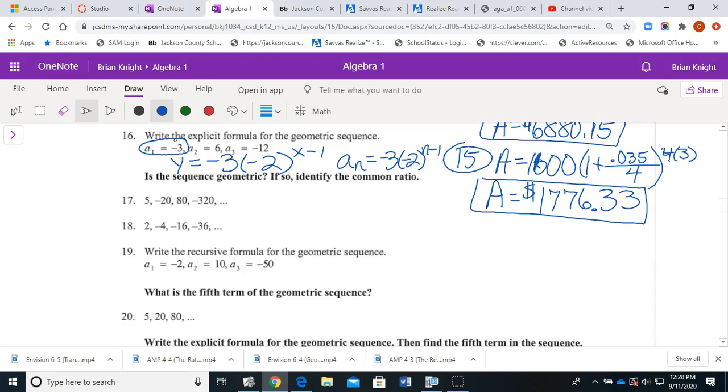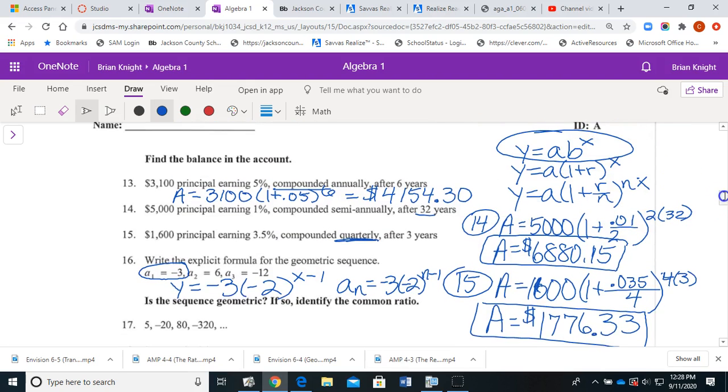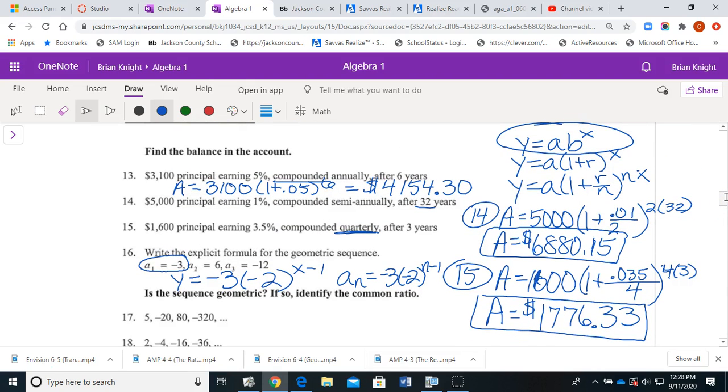Negative 2 is what are they multiplying by to get the next number? Okay? All right. Now, on all of them until now, our variable's just been x. Well, that's because when you're dealing with just normal, like what did you start with? So, for example, on these money problems, did we have to wait a year before we had $3,100?